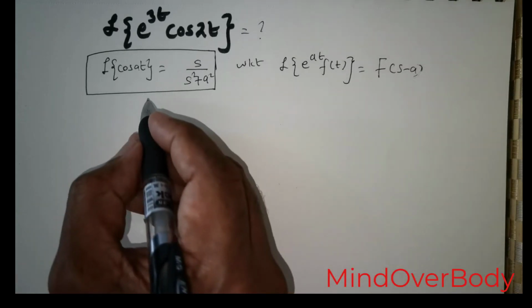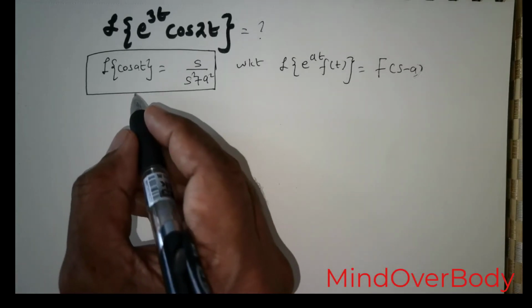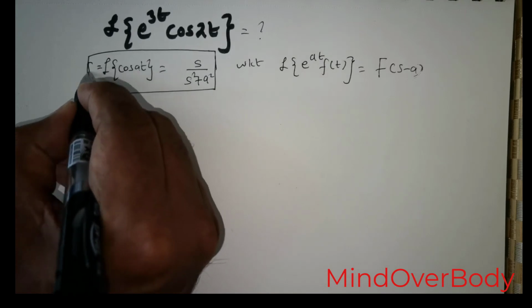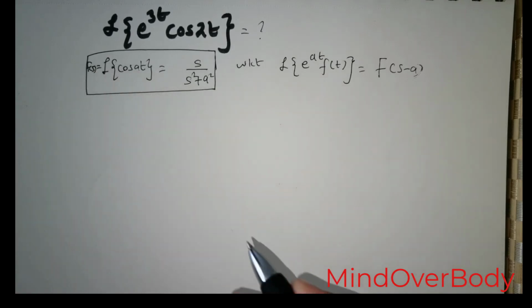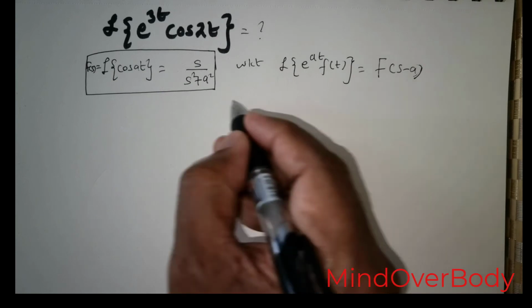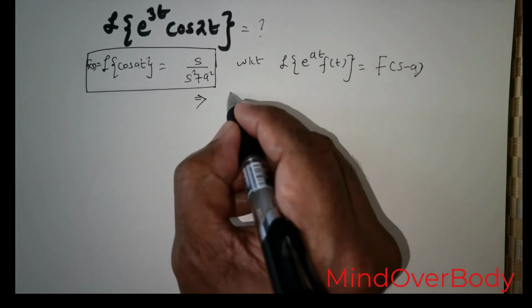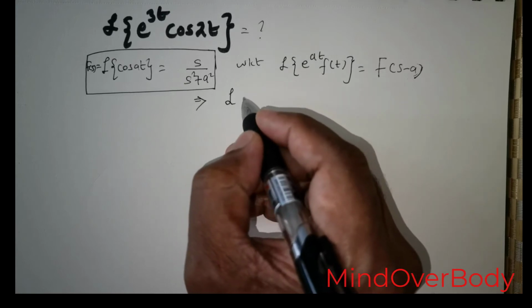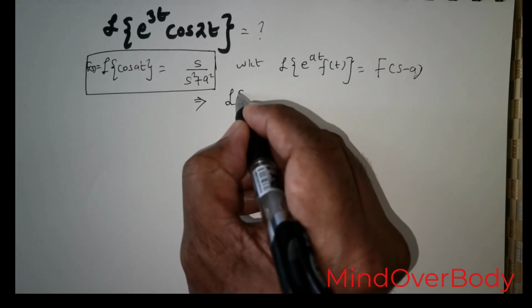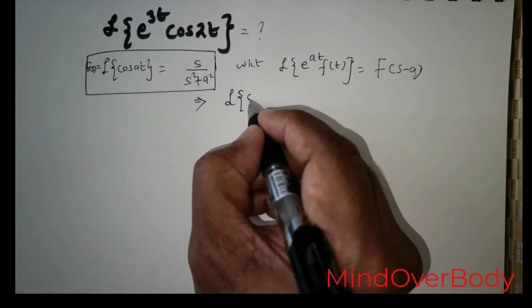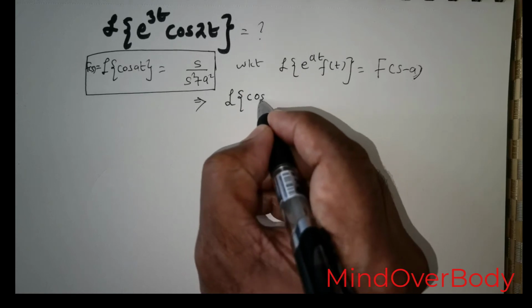So if I were to take this as F of s, capital F of s, then this would mean, first let me write the Laplace transform for cos 2t.